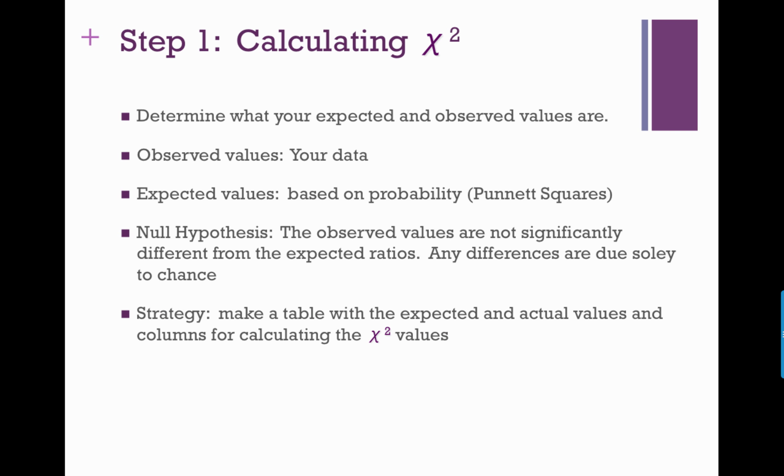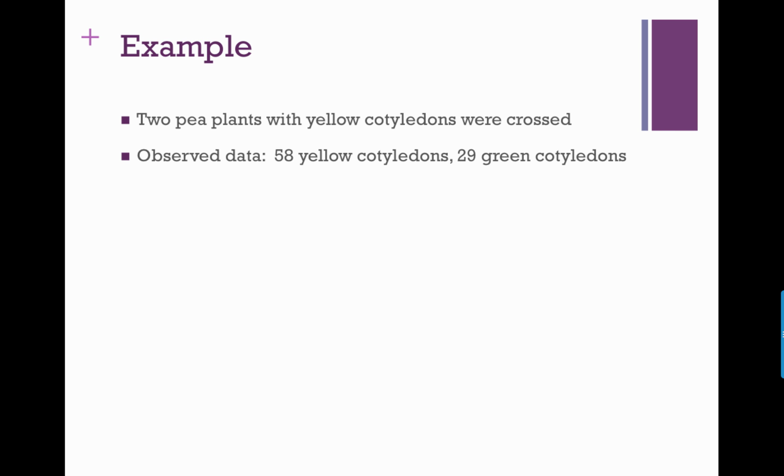So the strategy to do this easily is to make a table that has the expected and actual values, and then make columns that we can fill in the intermediate values to calculate chi-square. So let's take a look at an example. If we cross 2 pea plants with yellow cotyledons, and we ended up with 58 yellow cotyledon plants and 29 green cotyledon plants.